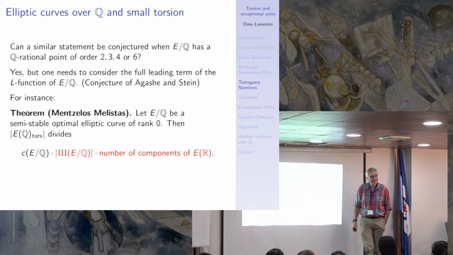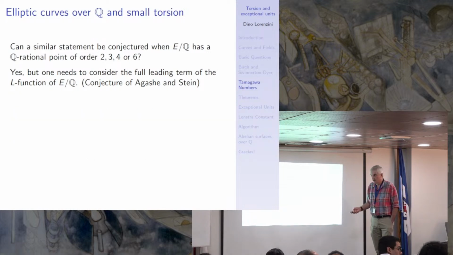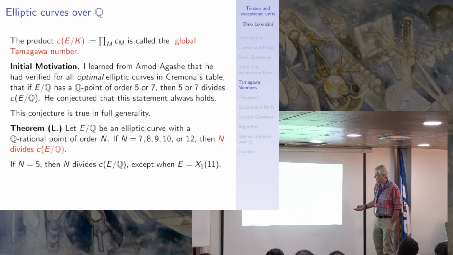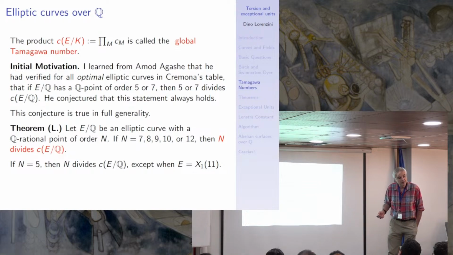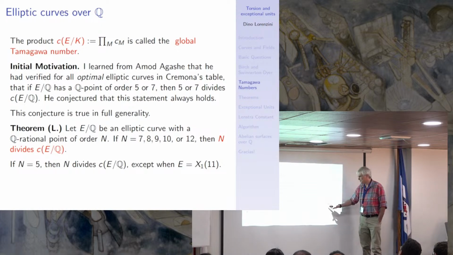Relating to the previous slide, one expects that the square of the torsion divides, like the CM over the square of the torsion is an integer, or no? Say it again. You expect? One expects that the square of the torsion divides the Tamagawa number, or no? So that's not always true.